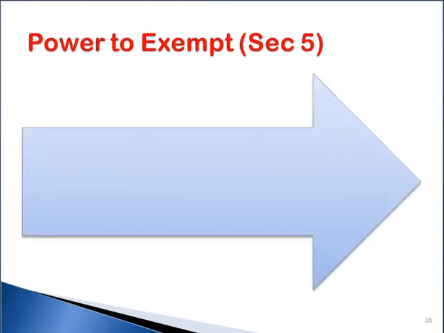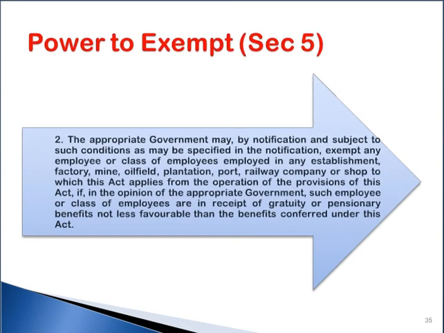It states that the appropriate government may, by notification and subject to such conditions as may be specified in the notification, exempt any employee or class of employees employed in any establishment, factory, mine, oil field, plantation, port, railway company or shop to which this Act applies from the provisions of the Act if, in the opinion of the appropriate government, such employee or class of employees are in receipt of gratuity or pensionary benefits not less favorable than the benefits conferred under this Act.